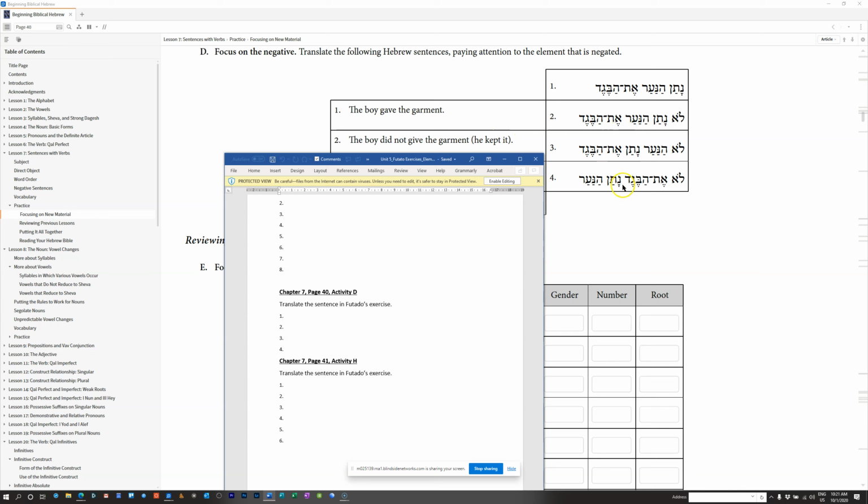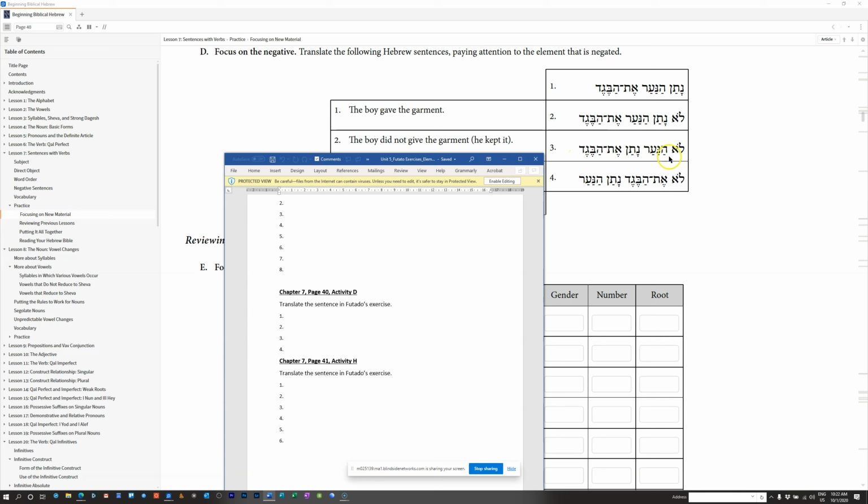Your translation for all of these should be the same. Maybe you underline give here, since that's what's negated. The idea is, what we're emphasizing is what the boy did not do. We're emphasizing the verb. He did not give the clothing. He did something else with it. Maybe he kept it.